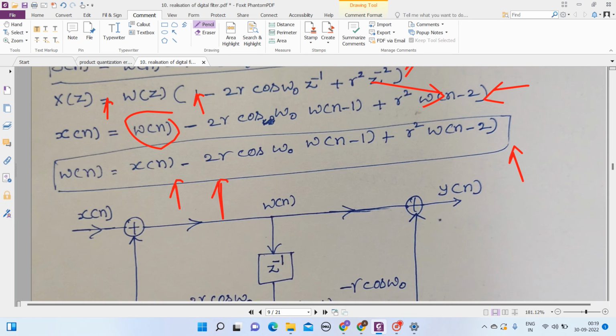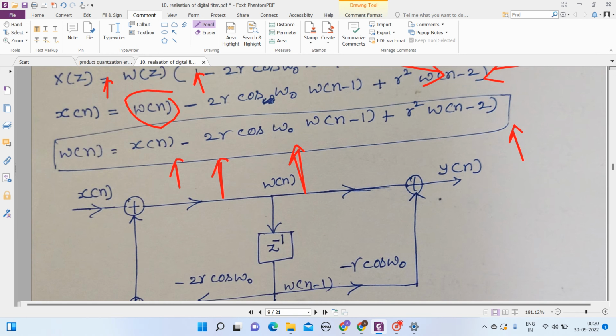So by using this equation, I will write the first half of the direct form 2 structure. See here, w of n is my output, right? So this is my output, x of n is my input. So I have to combine this term with the x of n.